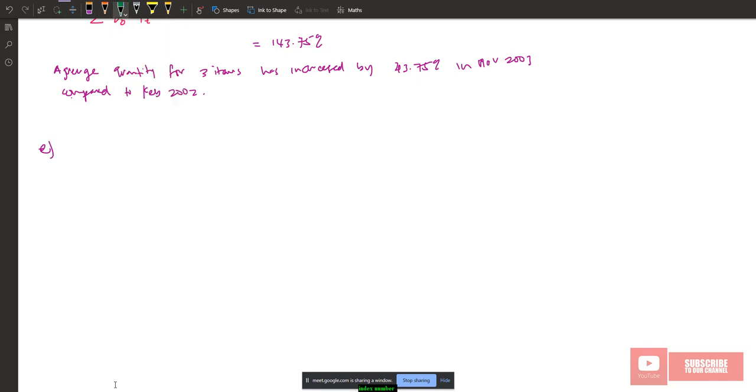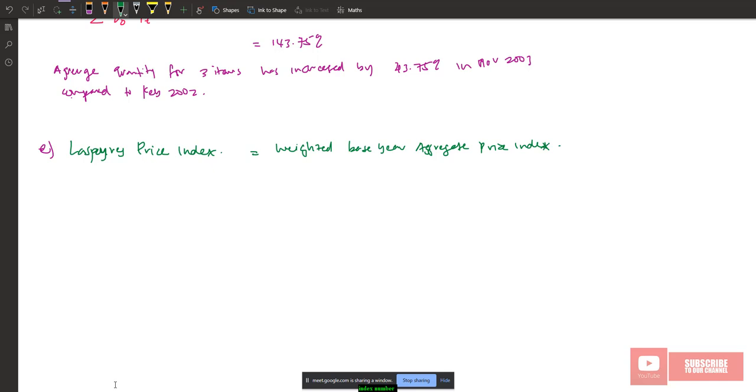So we want to find Laspeyres price index. Laspeyres means weighted base year aggregate price index. So this is what the Laspeyres is, right?